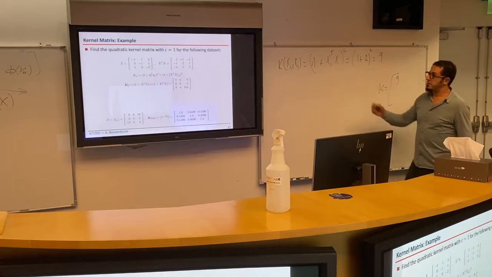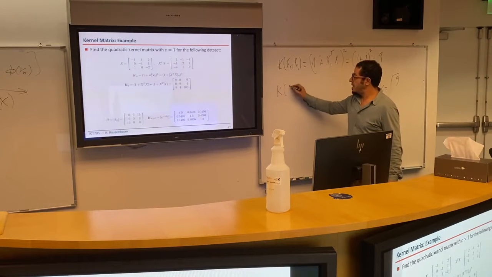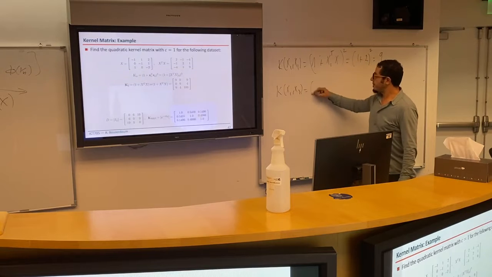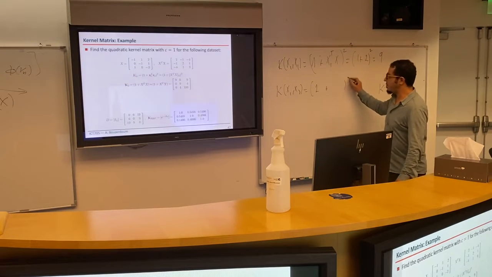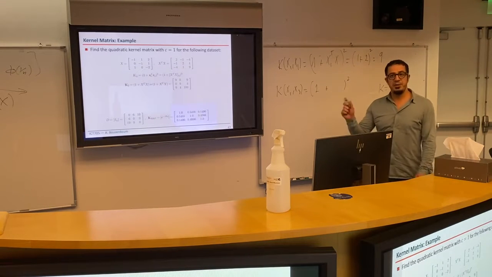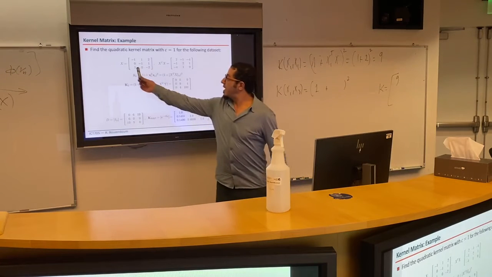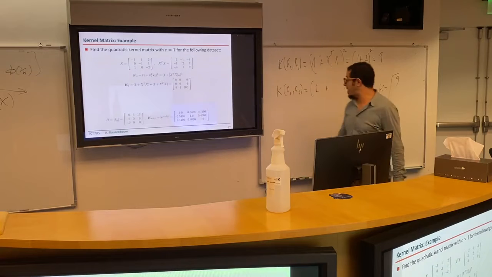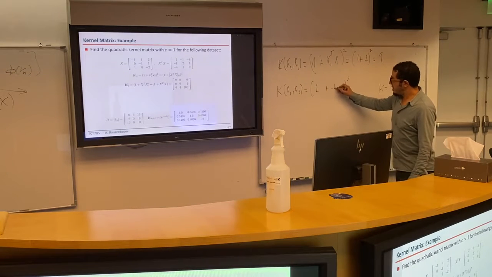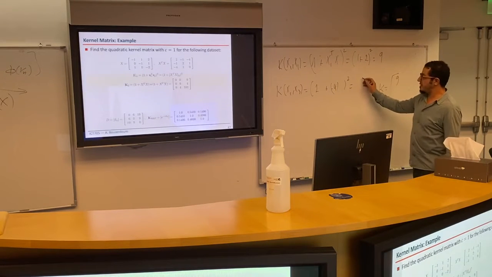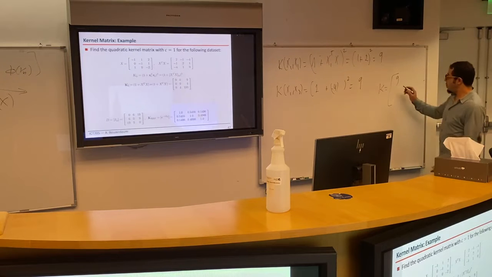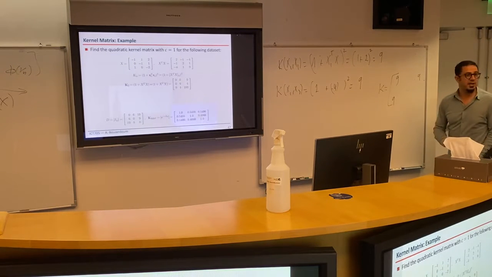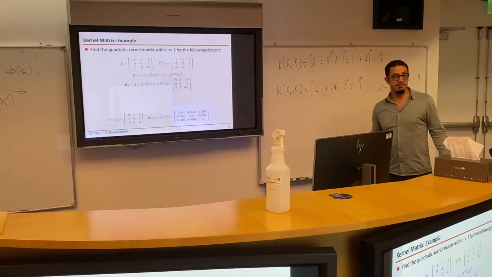Let's do another one, for example, k of x1 with x3. What is it? It is (1 plus x1 times x3) squared. x1 times x3, what is it? Minus 2, minus 2, minus 4. So it will again be 9. So we have 1 with 3, here 9. By symmetry, the same thing is 9. Clear?